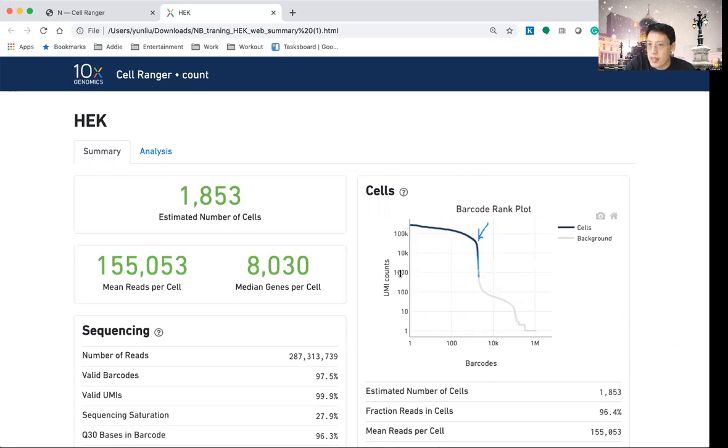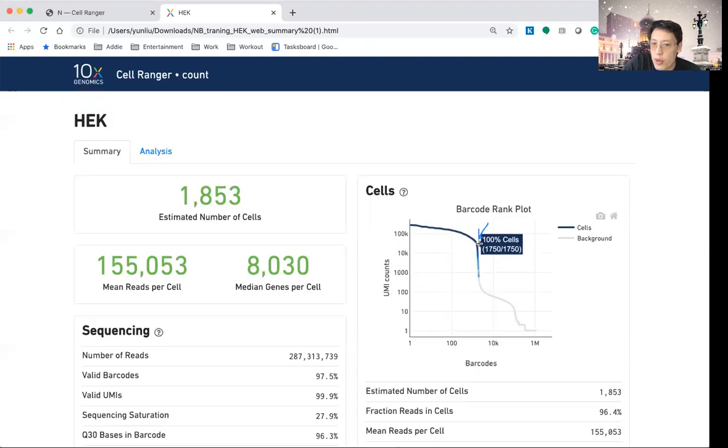And this tells me that about 100 cells have a UMI count of about 100,000 reads, very excessive. And then this number will go down gradually.